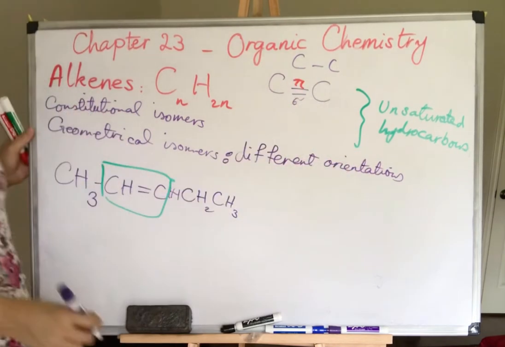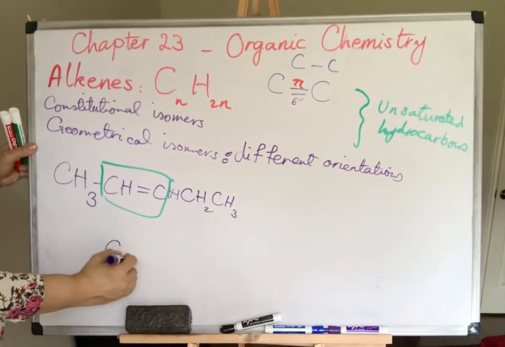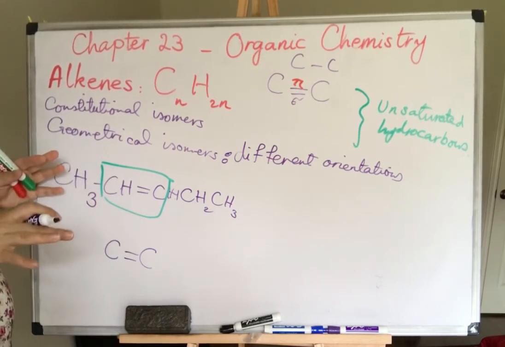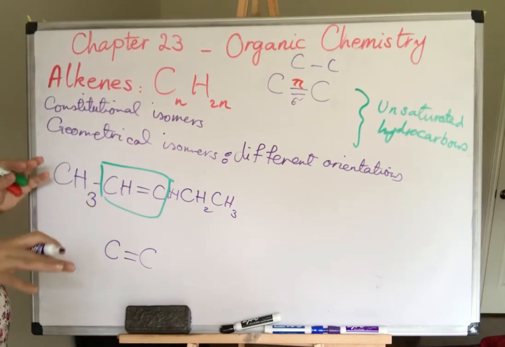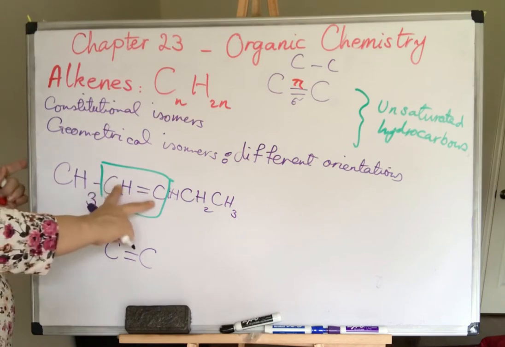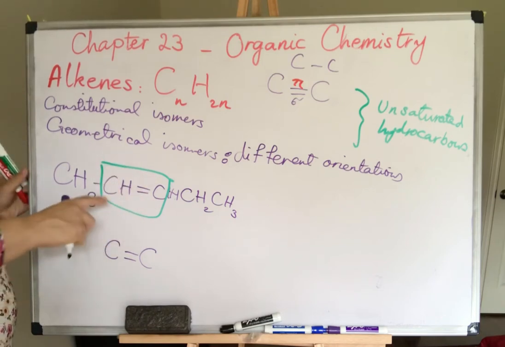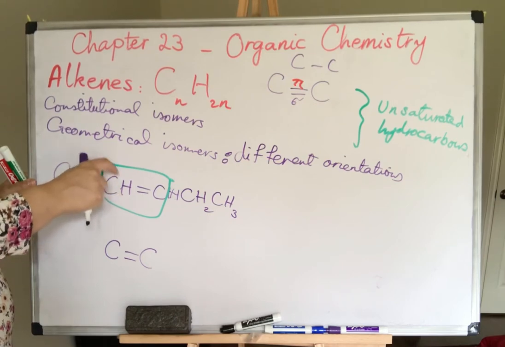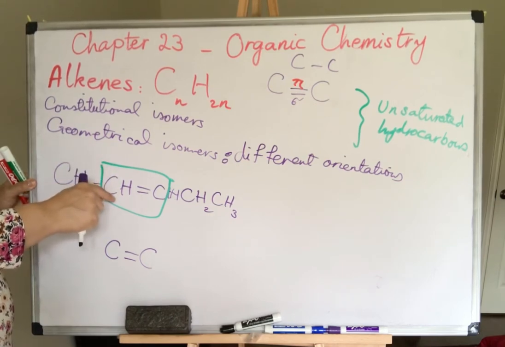Put the carbons of the double bond first. We are assuming that we don't know anything about the names. Put the carbons, only carbons. Then put the groups that are attached to the first carbon of the double bond.